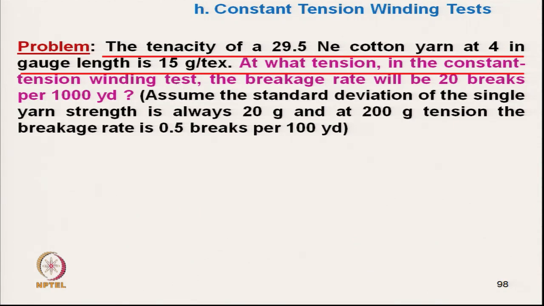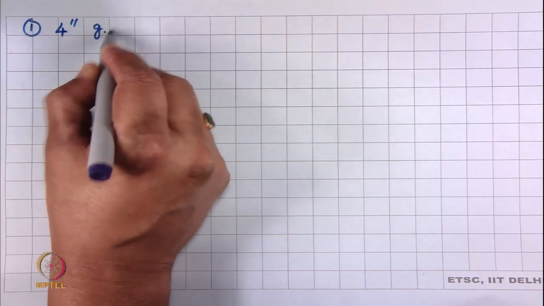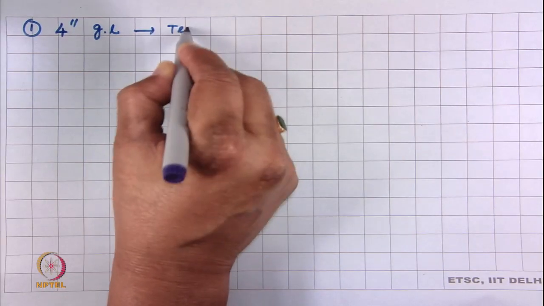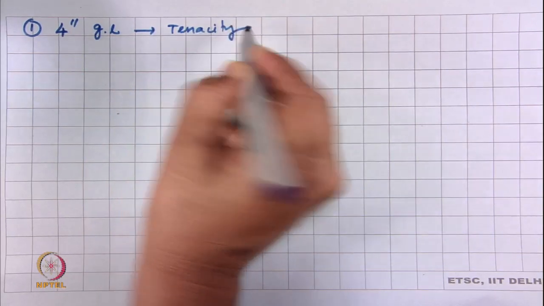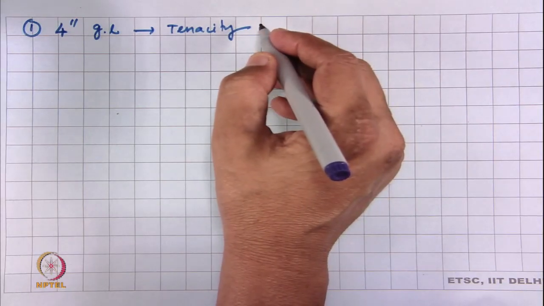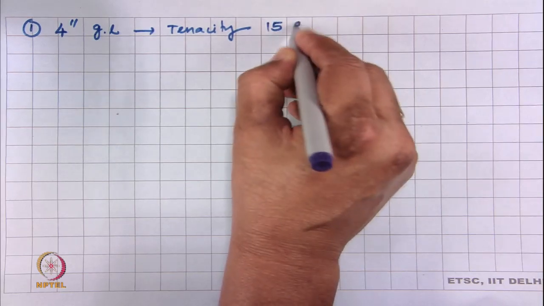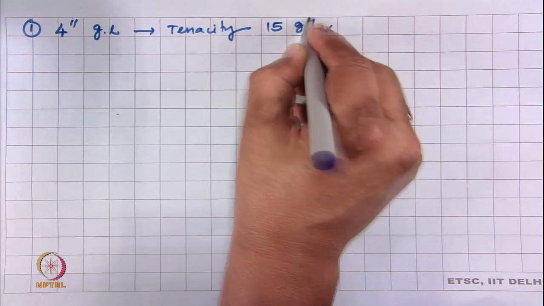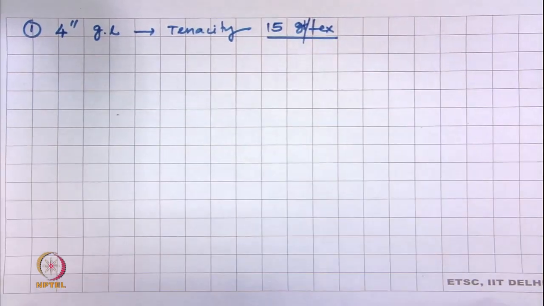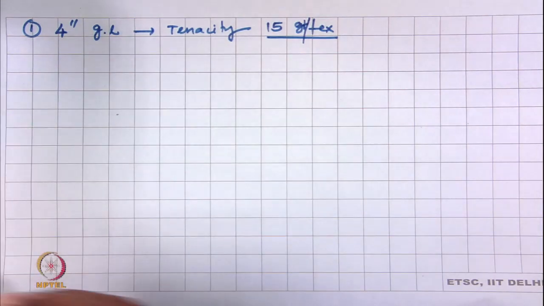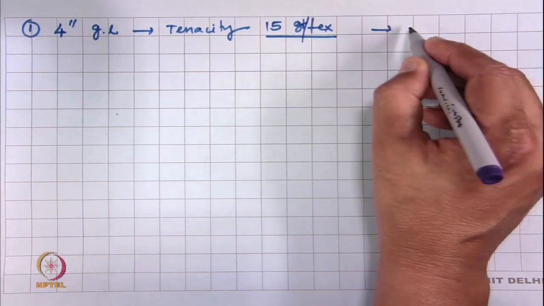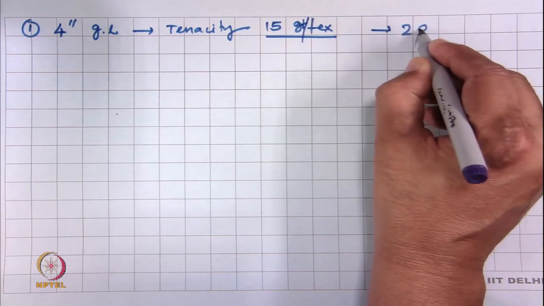So, here, condition 1: at 4 inch gauge length, the tenacity is 15 gram per tex, and the yarn is 29.5 Ne.